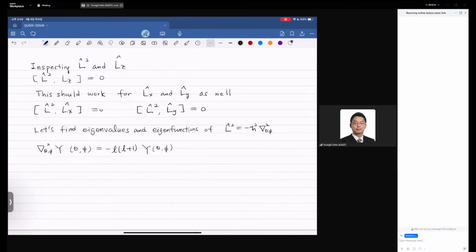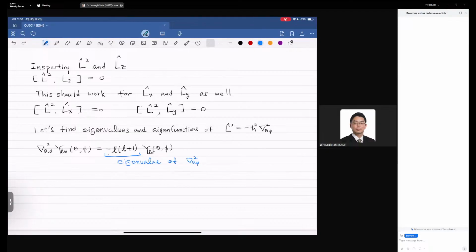Let me mark it with a little bit of index here, because that Y will depend on the indices l, m, n, as you'll see very soon. In this equation, this is an eigenvalue of that operator, this operator, right?